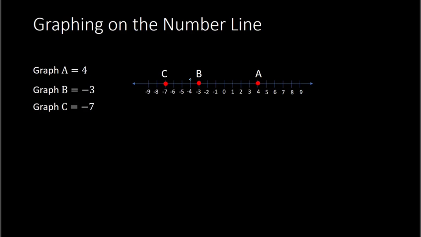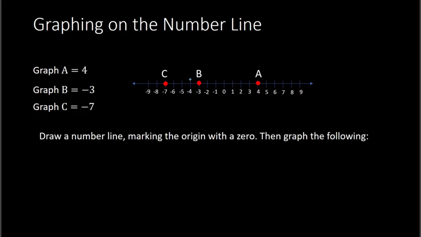If you are told to create your own number line and graph particular points, for example, D is +2 and E is -2, you would begin by creating a line and then little tick marks along the way. The main numbers we need would be the origin, and the points that we were asked to plot. You don't need to write every single number on the number line. If we have the 0 here, that is sufficient.